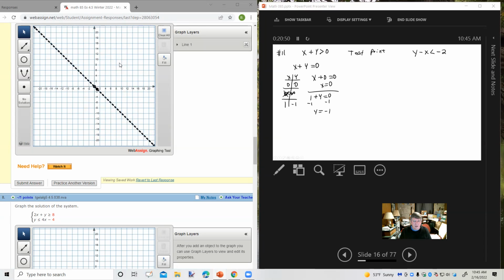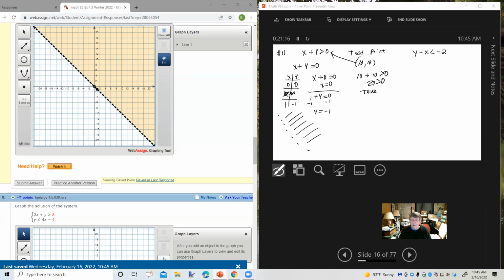This point right there, okay? 10 plus 10 greater than 0, 20 greater than 0, that's true. So for this dotted line, we would fill above the line. Again, I'll make myself a note here. So my dotted line and filling above it.